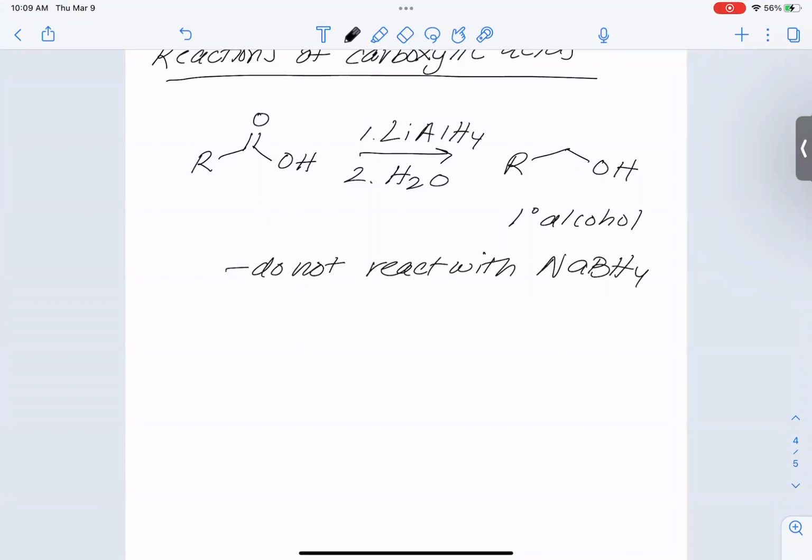Essentially, this reaction is very similar to what we looked at with aldehydes and ketones, where you have a hydride nucleophile. It is a little bit different because you actually will form a leaving group here. I'm not going to go through it with you. All right, but just understand that you get a primary alcohol.